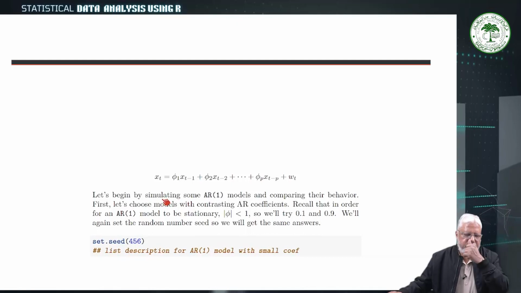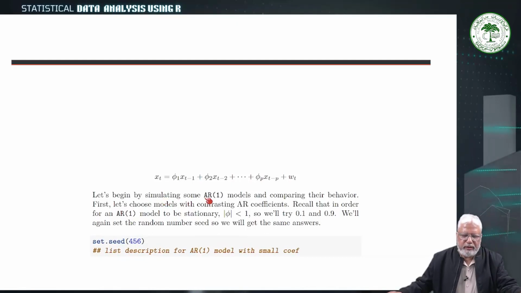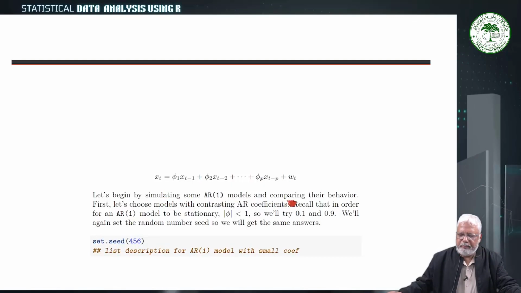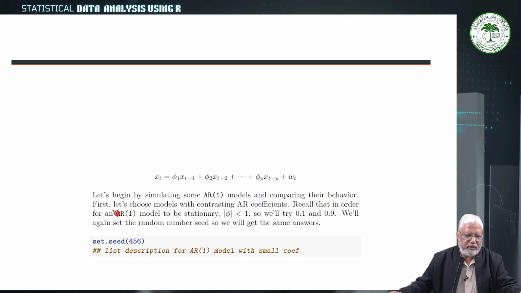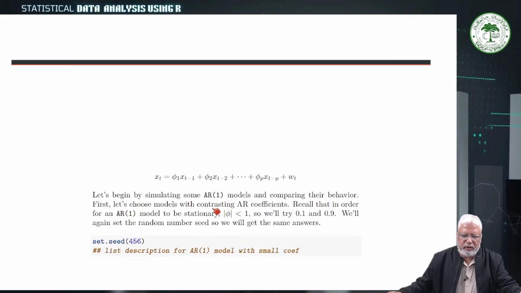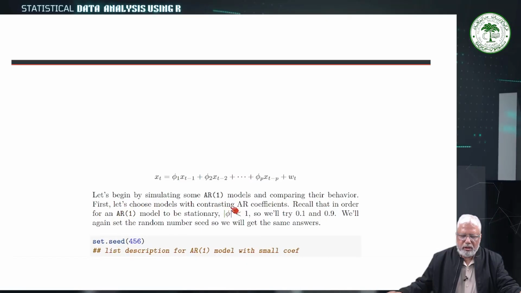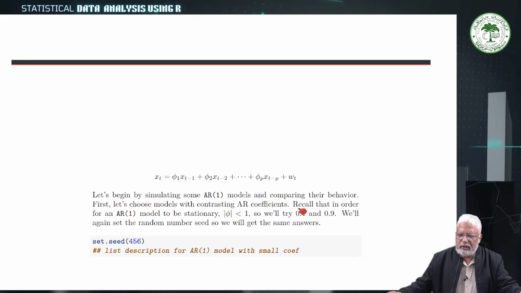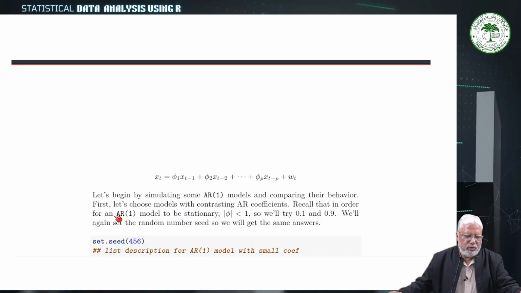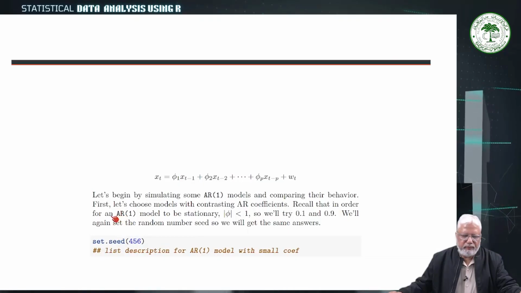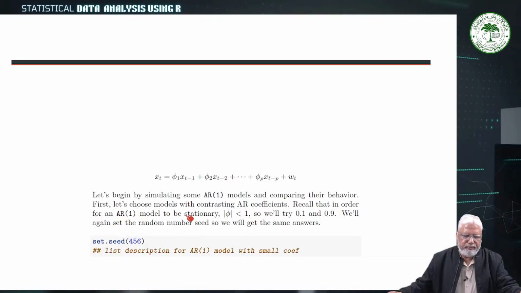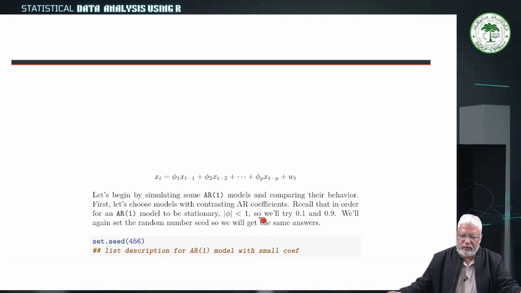Let us begin by simulating AR(1) models and comparing their behavior. First, let us choose the model with constrained AR coefficients. Recall that in order for an AR(1) model to be stationary, phi must lie between minus 1 and plus 1.